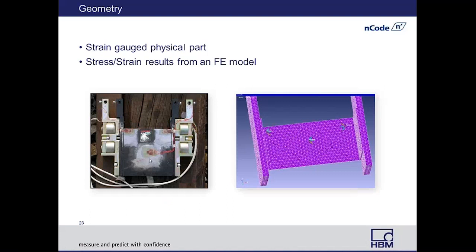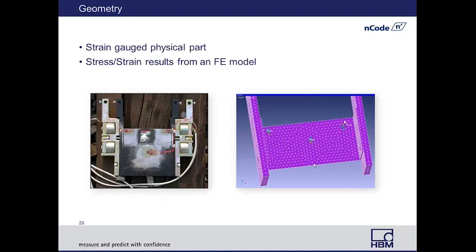So these loads might come from real life events. Maybe we have instrumented a vehicle and taken it out on a proving ground and gotten some road load data. Perhaps this is a component that's in a laboratory, so maybe we've got some very controlled equipment that's doing some constant amplitude loading.